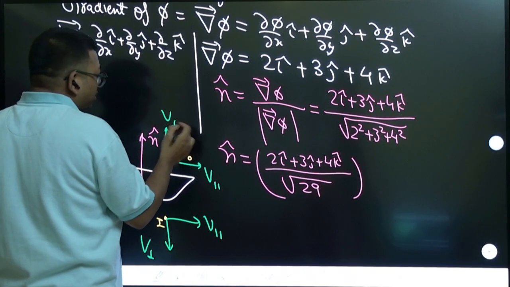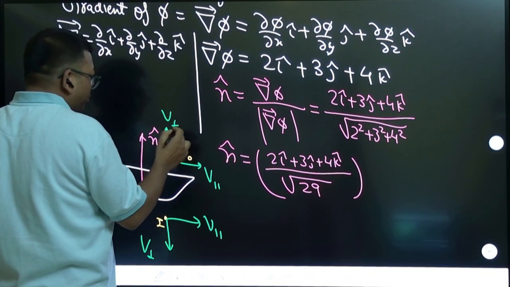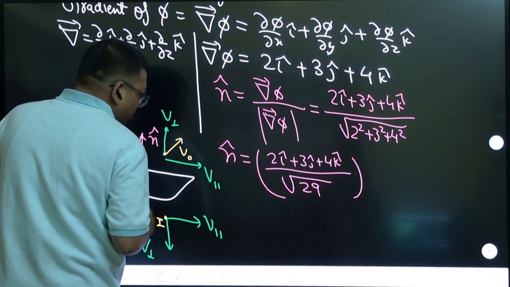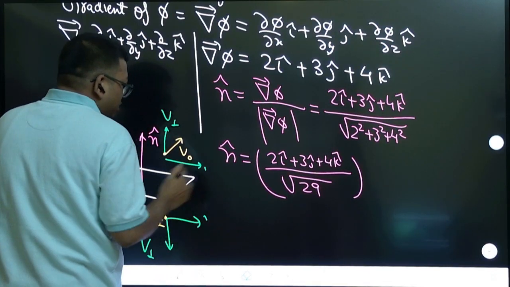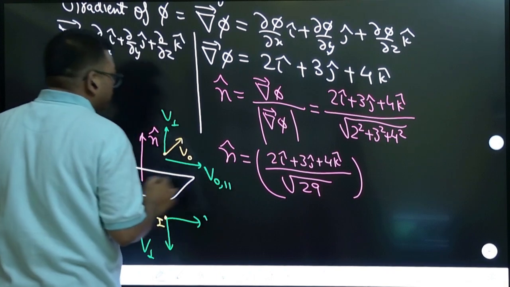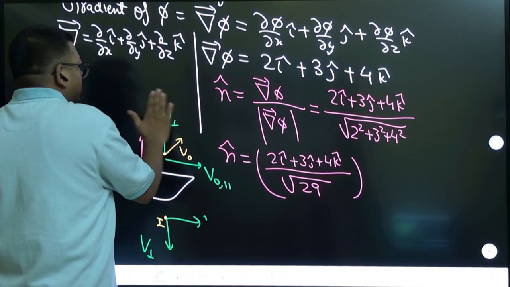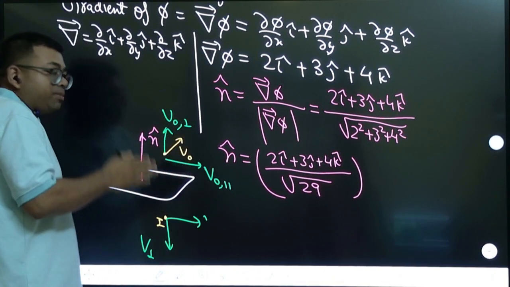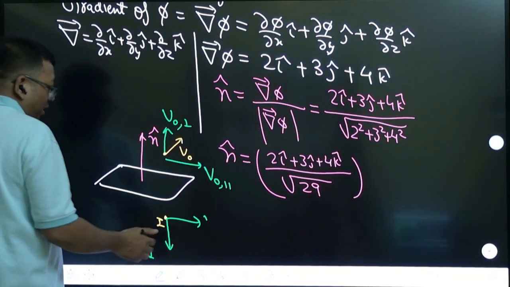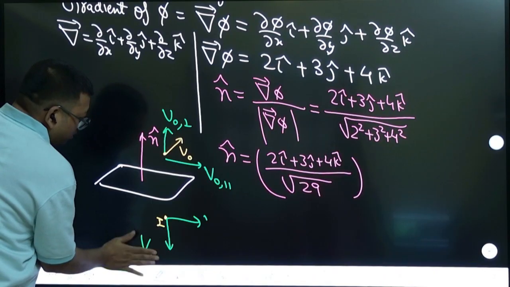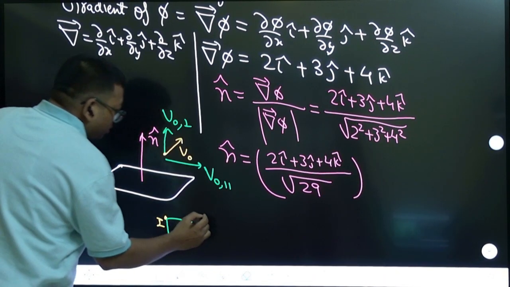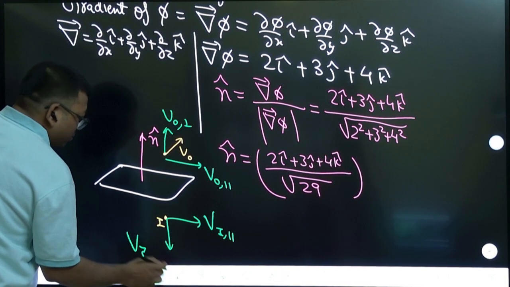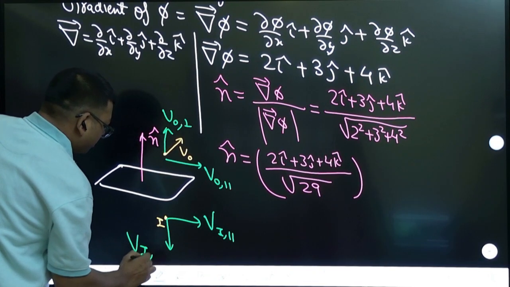This is object parallel, this is object perpendicular, perpendicular to the mirror. And this is velocity of image parallel to the mirror, and this is velocity of image perpendicular to the mirror.